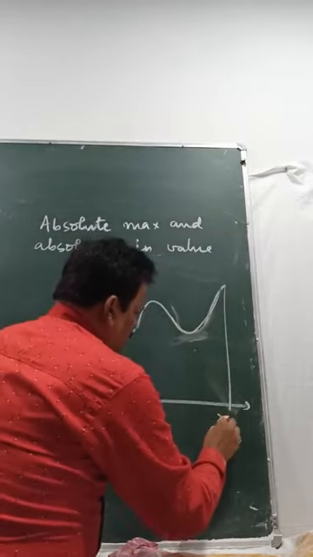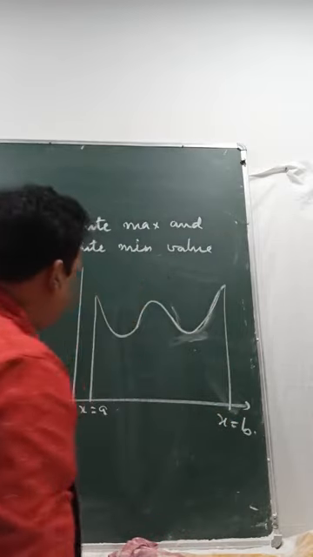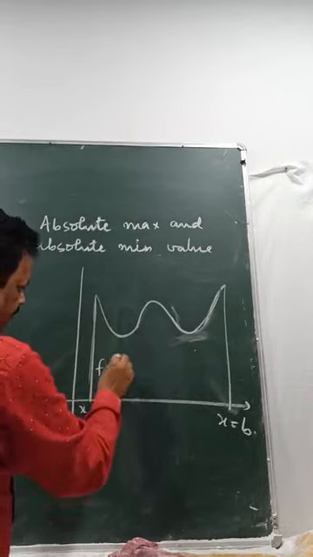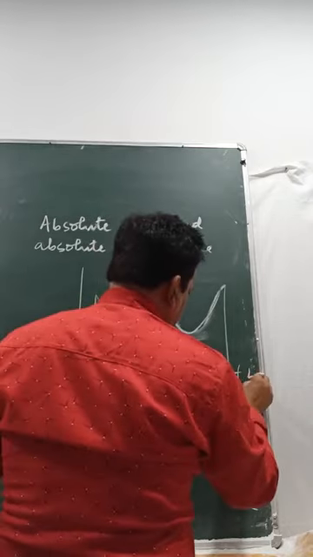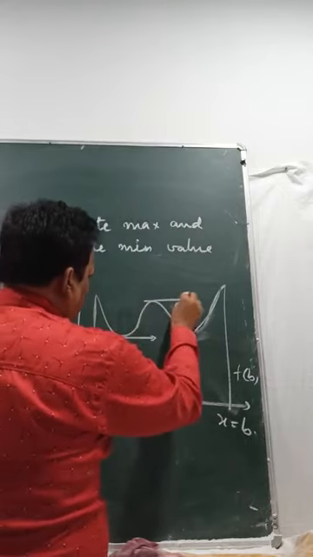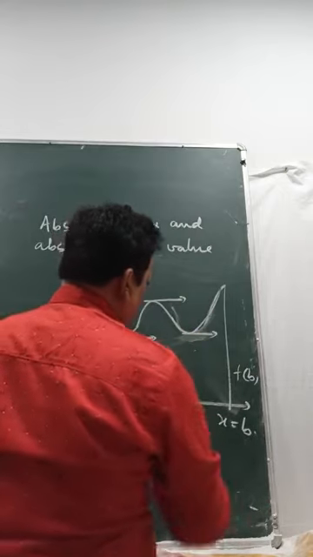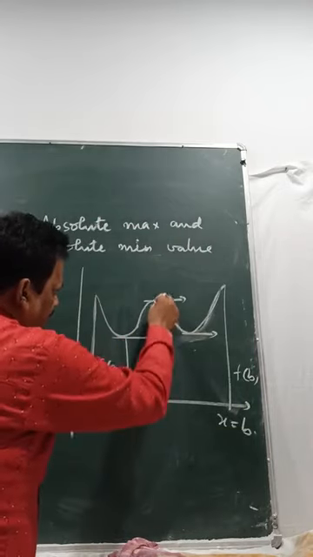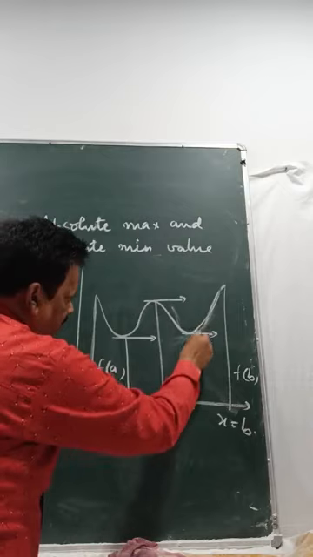This is x equals b. So I have taken the closed interval. So obviously this will be your f(a), this will be your f(b). Then you are finding a point, the tangent here, the tangent here, the tangent here. So one value you will get here, one value here, one value here.